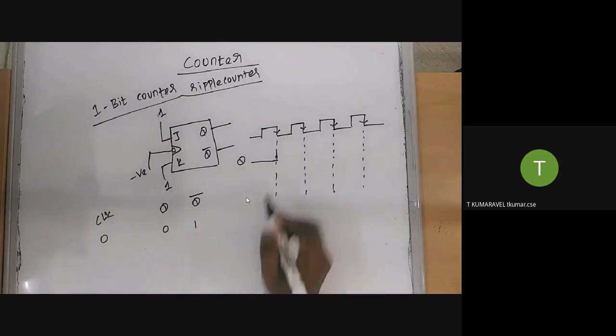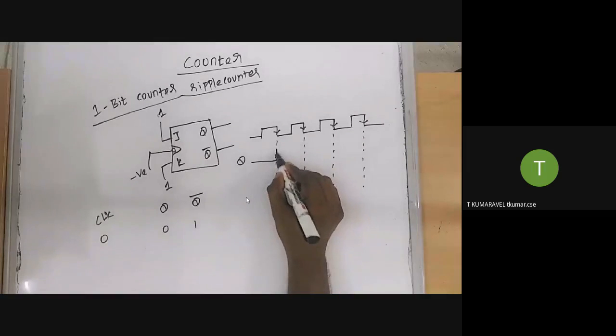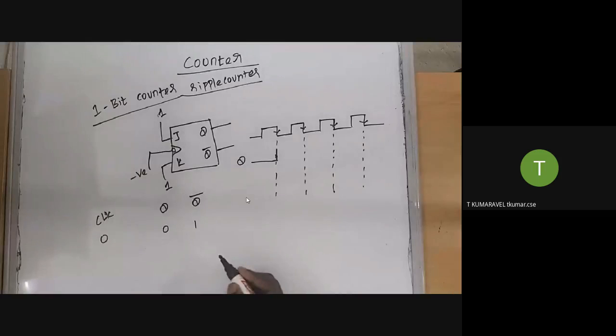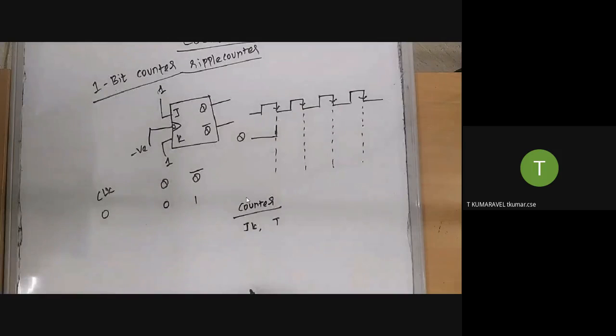From the counter point of view, all the flip flops, JK and T flip flop, make use of the two flip flops only. We are going to implement the counter. In each of the flip flops, what is it going to do?